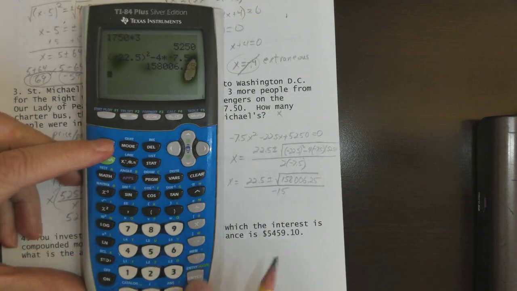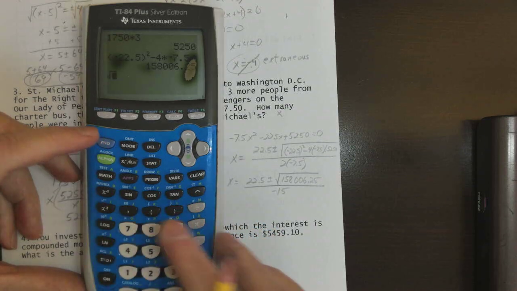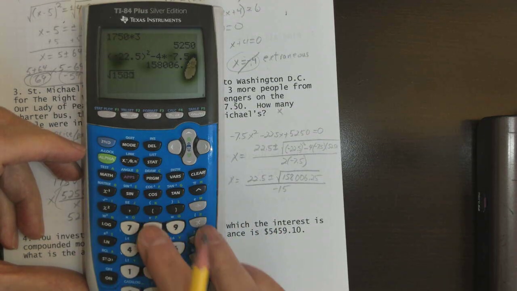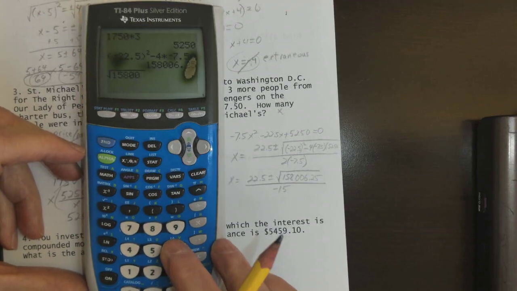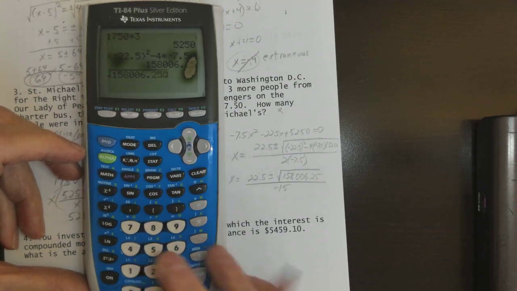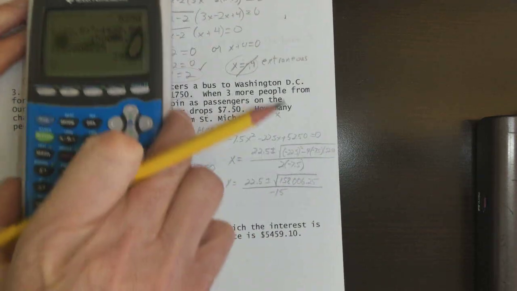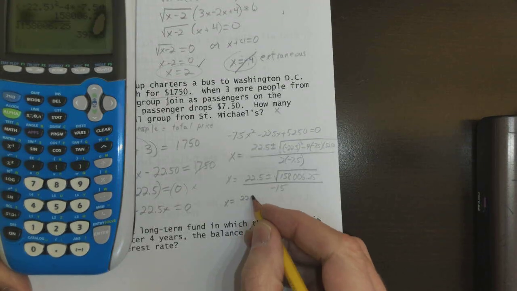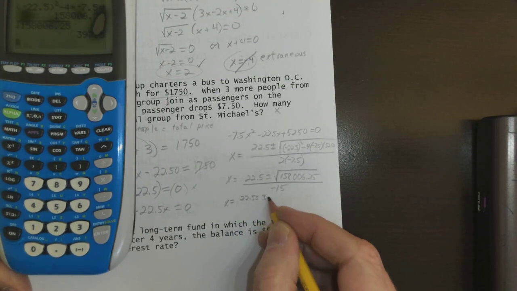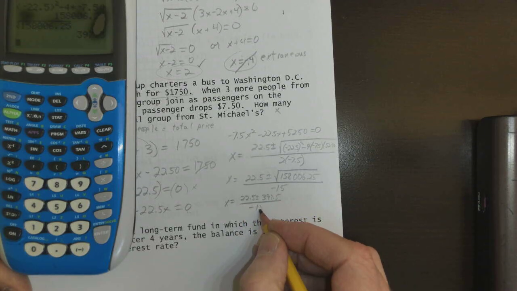Let's take the square root of 158,006.25. Ooh, nice number. So x equals 22.5 plus or minus 397.5 over negative 15.